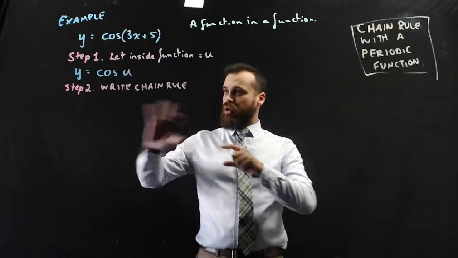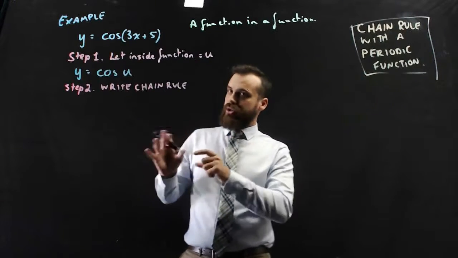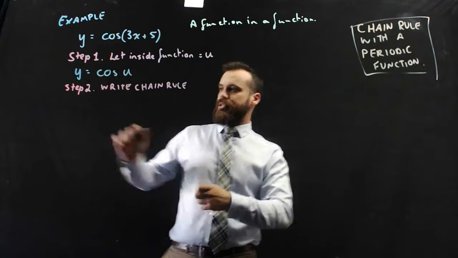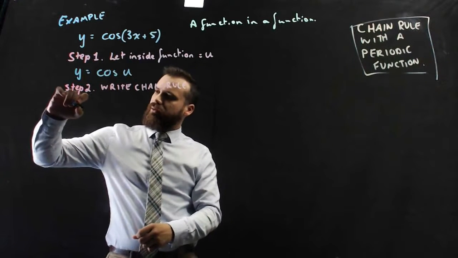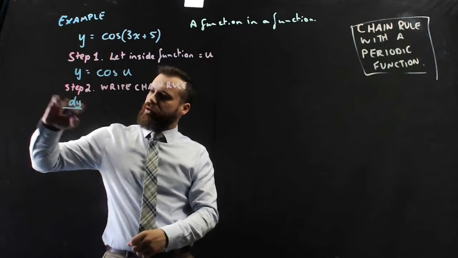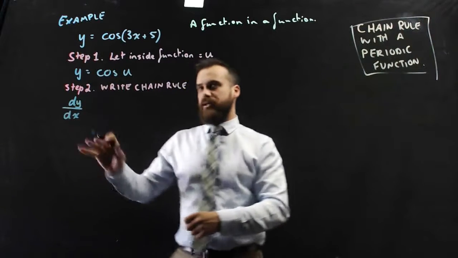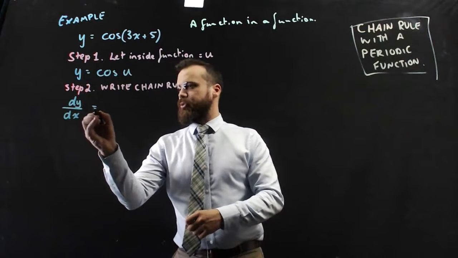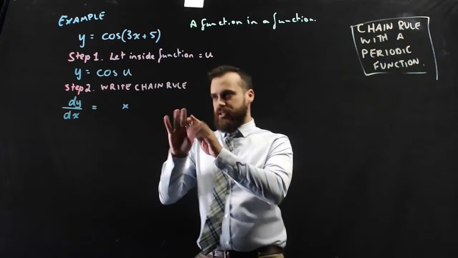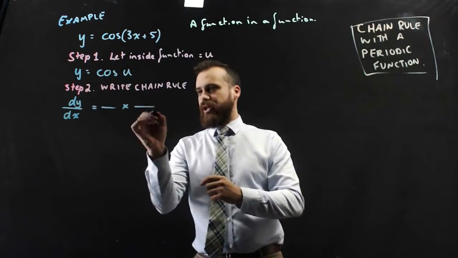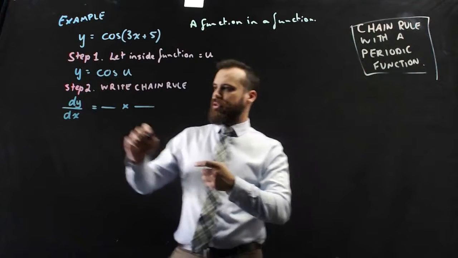So step 2 is to write the chain rule, and I'm going to show you how I write this chain rule because there's a sort of a skill to it. We're going to find the derivative of y with respect to x, and we're going to do it by multiplying two fractions together, or two derivatives together really.